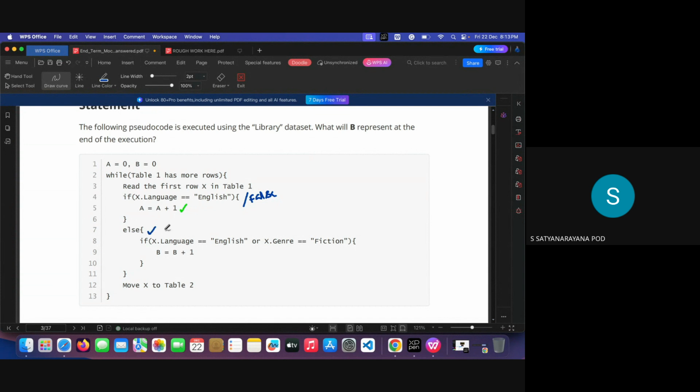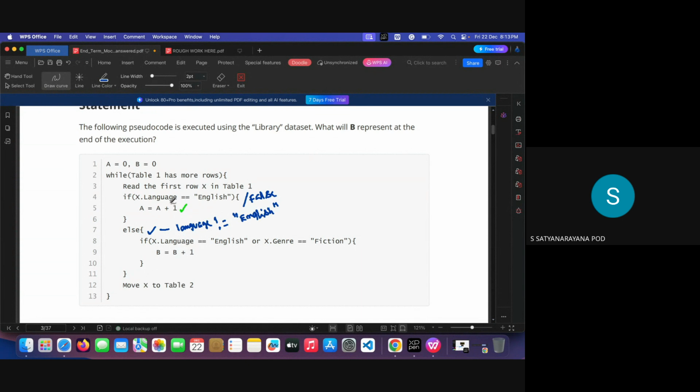Please check it here. It comes here if and only if the language is not equal to English. That's what this else condition represents. Please remember it.